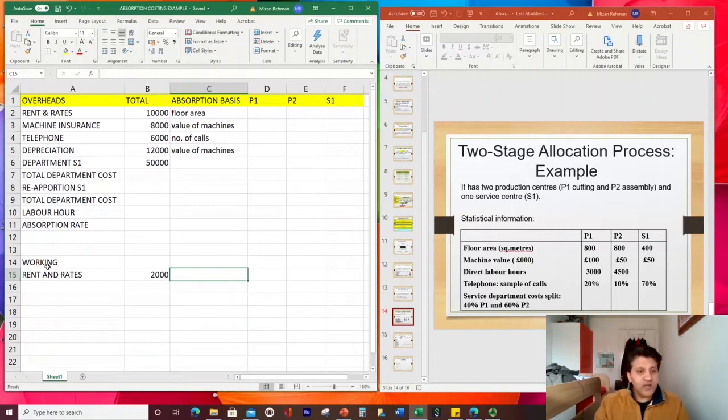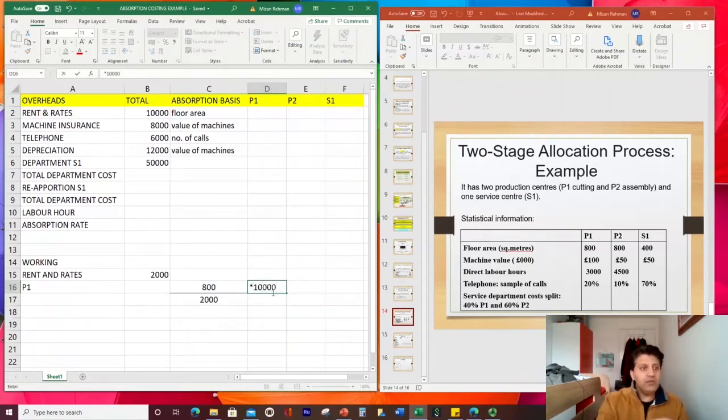For P1, 800 occupied by P1, the total area is 2,000, multiplied by 10,000. Why 10,000? Because 10,000 is the total cost. This will give us how much should be charged to P1.